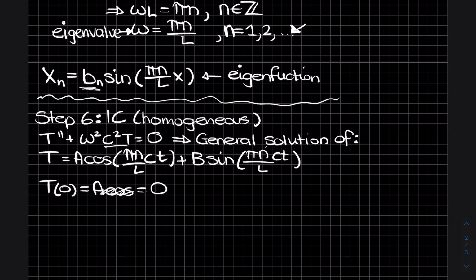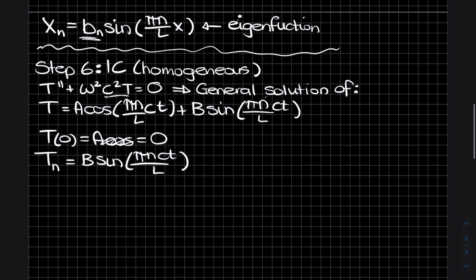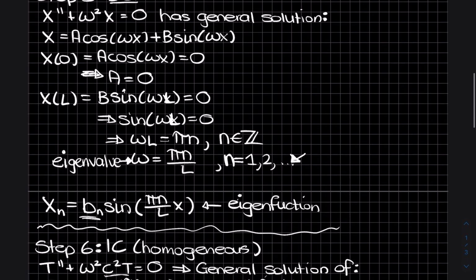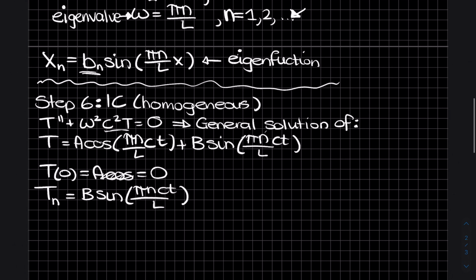So our solution here, our T of n, equals b sine pi n c t over L. So if we remember at the very beginning, we assumed that our solution took the form, so that was step 6, so I'll do step 7, our solution took the form of u of x, t equals big X of little x, big T of little t.